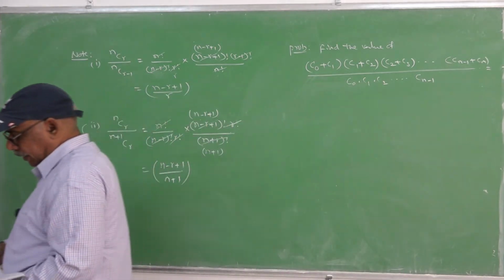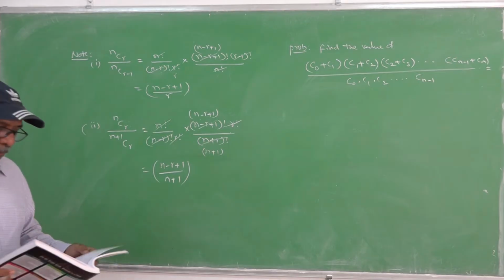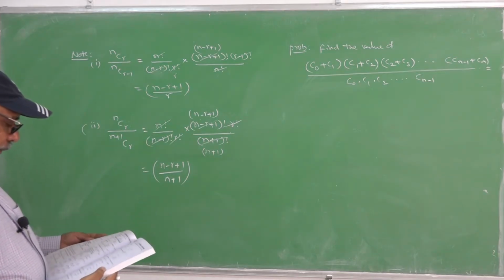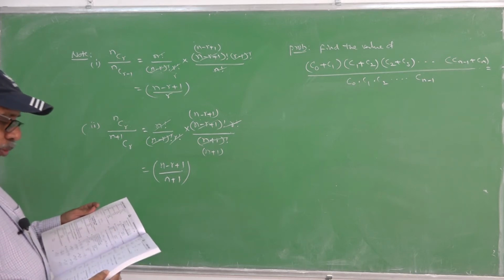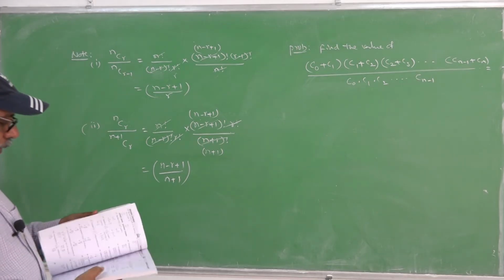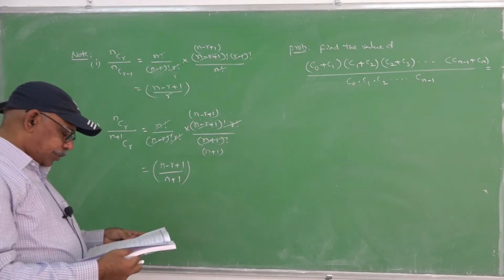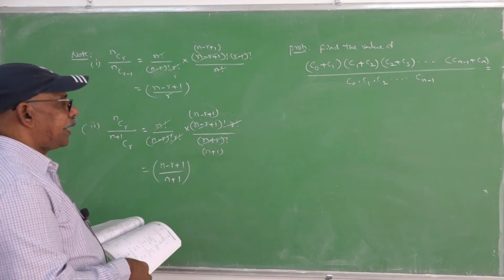Okay. The product (C0 + C1)(C1 + C2) and so on up to (Cn-1 + Cn), divided by C0 × C1 × C2 × C3 and so on up to Cn-1.